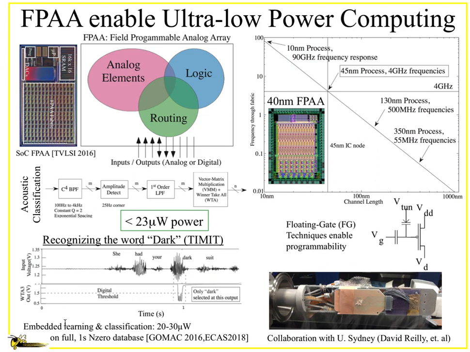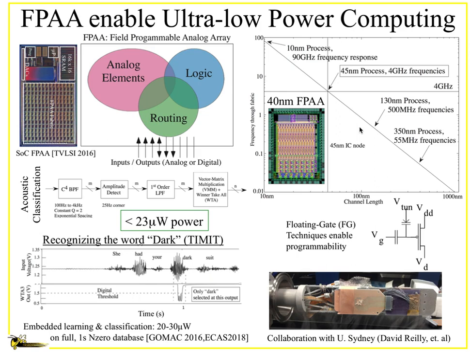And you can look at this for a whole range of problems. You can do learning, classification, all of these things. These kinds of structures are often done in fairly inexpensive processes at first because of the cost, but there's also good work showing that this can be done all the way into 40, 45 nanometer, with development actually in 14 nanometer discussions. And so this has been an area with a lot of possibilities.